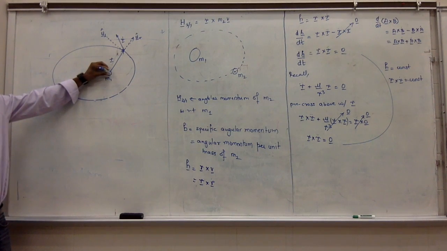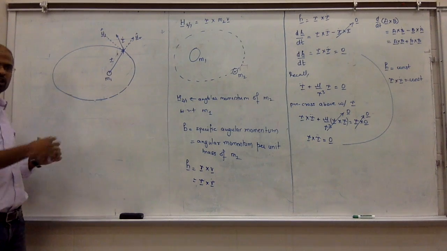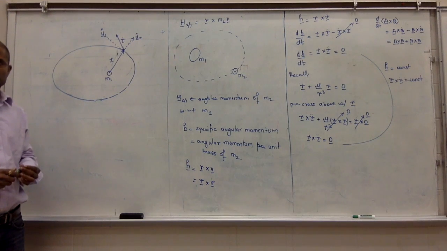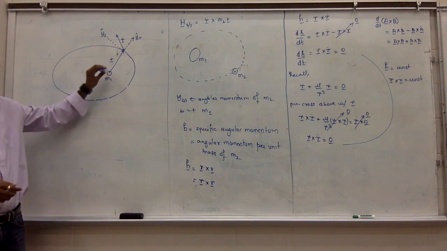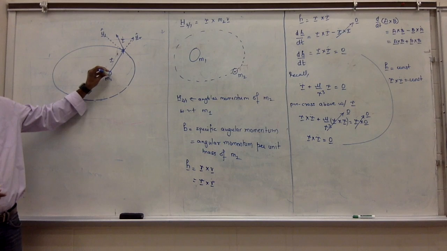Now if that vector itself is constant, that is what it says. This angular momentum is conserved, or constant. If this angular momentum has to be conserved, the motion has to be in this plane. It cannot come out of that plane. If this is constant, it cannot change in direction or in length.